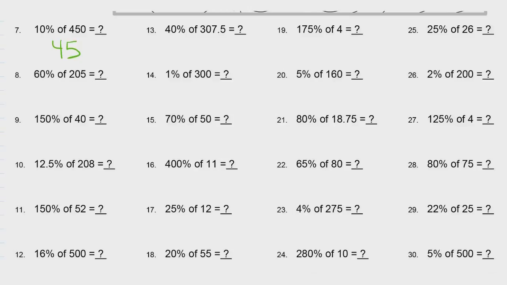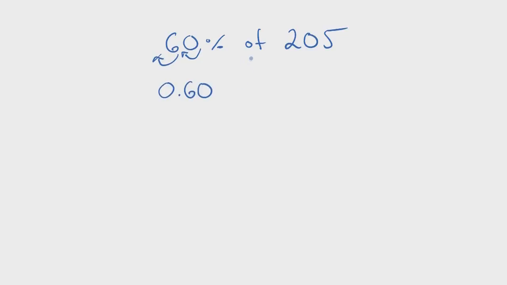Problem 8 says 60% of 205. Well, we need to move the decimal 2 spaces to the left to change the percent to a decimal. So this becomes 0.60. Of turns into multiplication and 205.